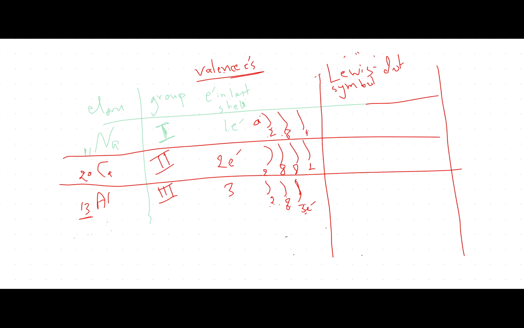Now, I want the definition of Lewis dot symbol. I am sure you wrote the valence electrons because it's very important. You have to write the definitions of valence electrons. The definition of valence electrons is the number of electrons in the last shell. Now, the definition for Lewis dot symbol is the symbol of the atom surrounded by valence electrons.